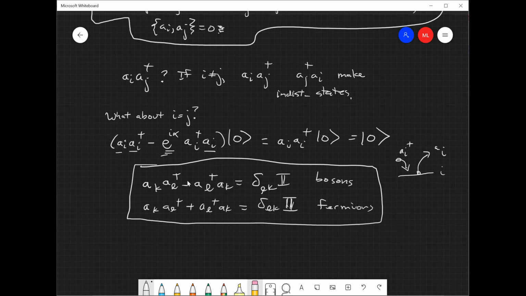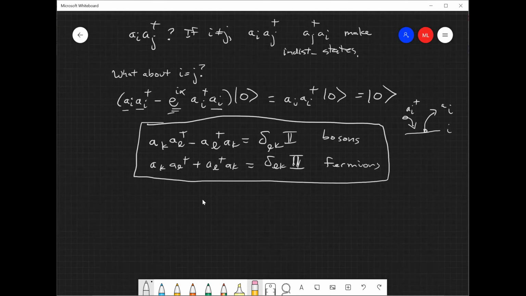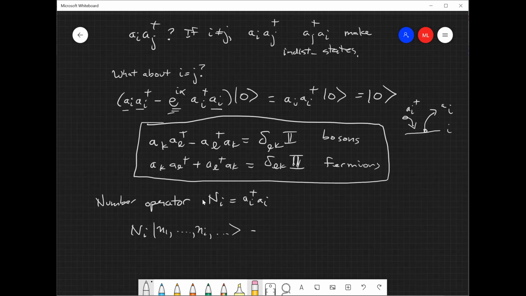Okay. And of course, just as in the harmonic oscillator case, you can construct number operators, N sub I. And just as in the harmonic oscillator, it's just going to be a_I dagger a_I. And what does this do? Well, if you act with it on one of your occupation number states, for a particular state I, it'll just pick out that number.